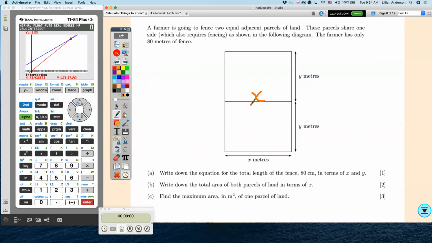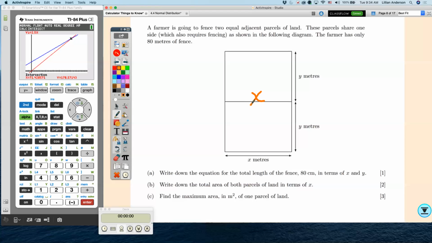What is the equation for the total length of fence, 80 meters, in terms of X and Y? One half base times height, that's the area for a triangle.